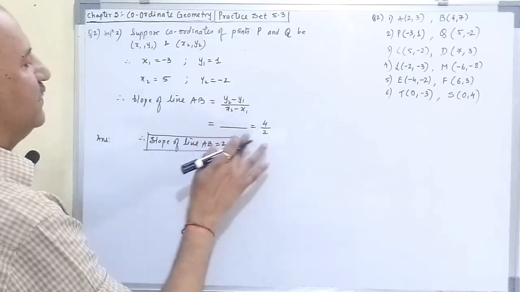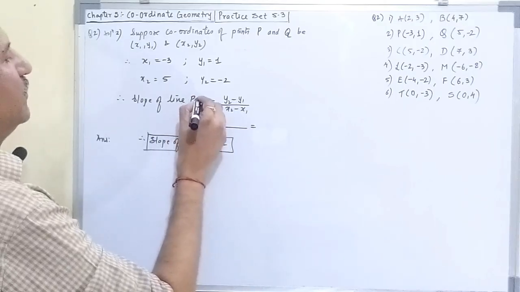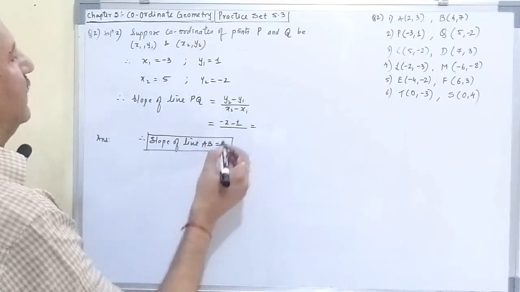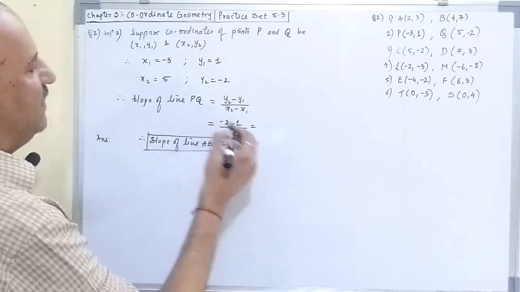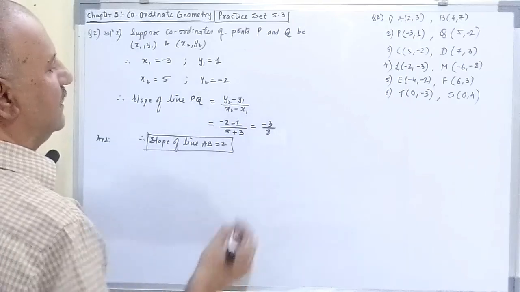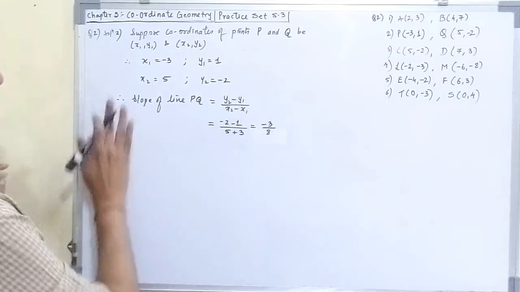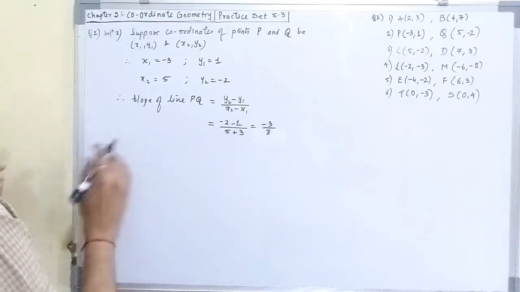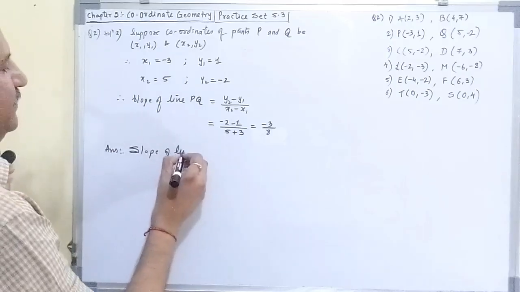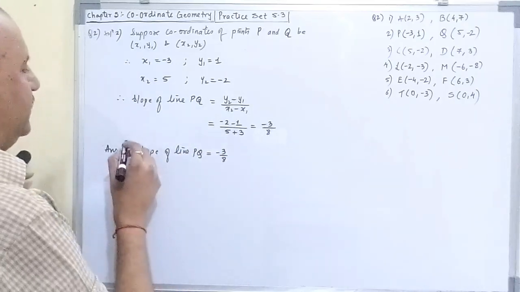So substitute the values here. This will be your line PQ. So y2 will be minus 2 minus 1, and this will be 5 minus minus, plus 3. So this will be minus 3 upon 8, the answer comes. So the slope of line PQ will be minus 3 upon 8.